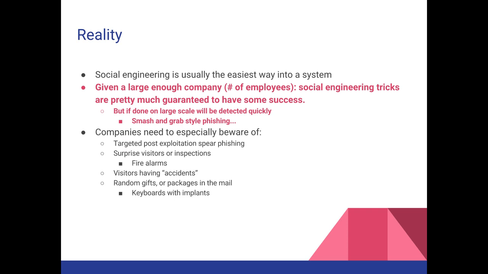It may be someone who's hacked into their account, hacked into their box, and is exploiting that relationship to spread throughout the network or obtain more information or loot. So companies definitely need to be aware of surprise visitors or inspections, fake fire alarms, fake accidents, visitors having accidents, especially also random gifts or packages in the mail.